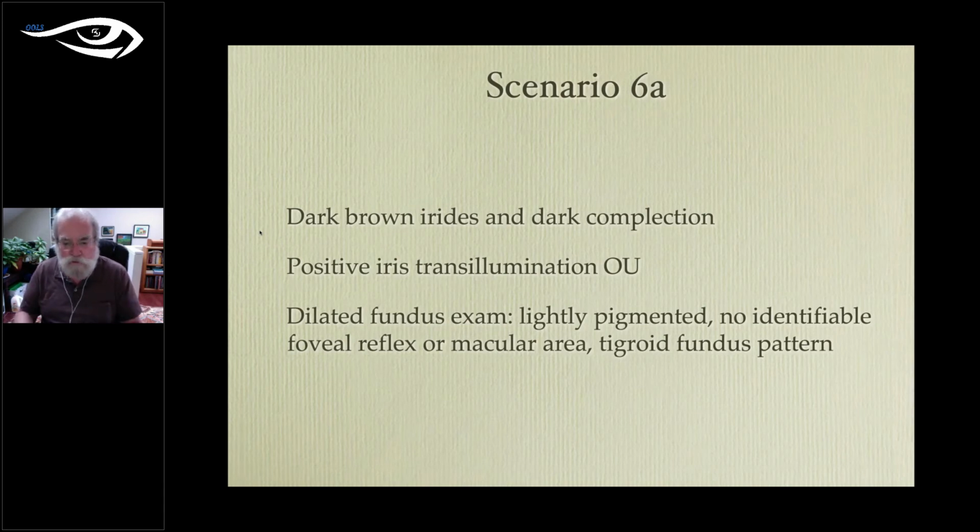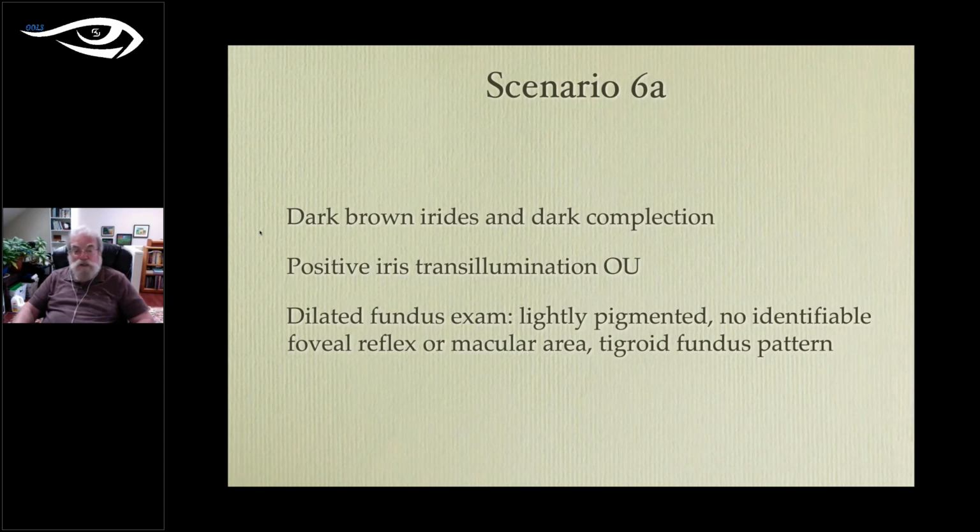It is done. You then can look in the eye with an ophthalmoscope, direct or better, a binocular indirect ophthalmoscope, and what you typically see, even in this dark African kid, is you see a very lightly pigmented fundus. You cannot see a foveal reflex. You see a macular area, or at least kind of where the macular area should be, that either has minimal pigmentation or maybe no pigmentation at all. And actually, in some cases, actually looks like it has less pigmentation.